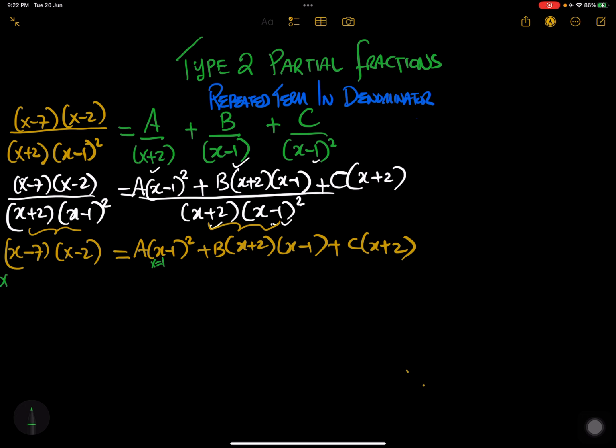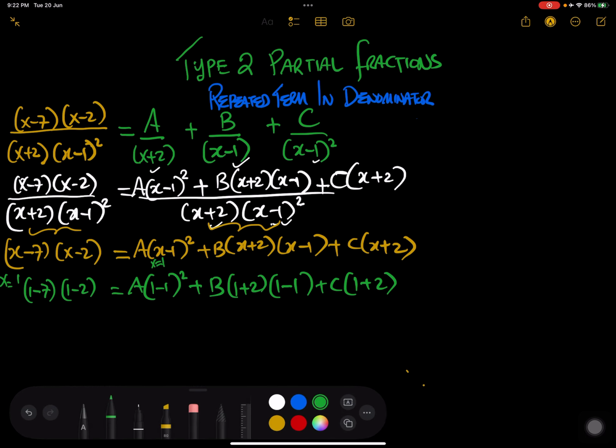So when x is equal to 1, we're going to have 1 minus 7 into 1 minus 2 being equal to A into 1 minus 1 all squared, plus B into 1 plus 2 into 1 minus 1, plus C into 1 plus 2.